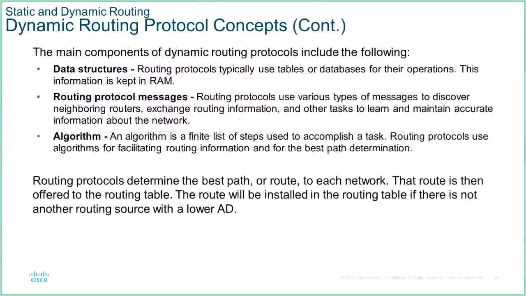To do this, we have a series of structures to contain data. These are basically tables or databases that are kept in RAM that contain the various information about networks and how to get them.